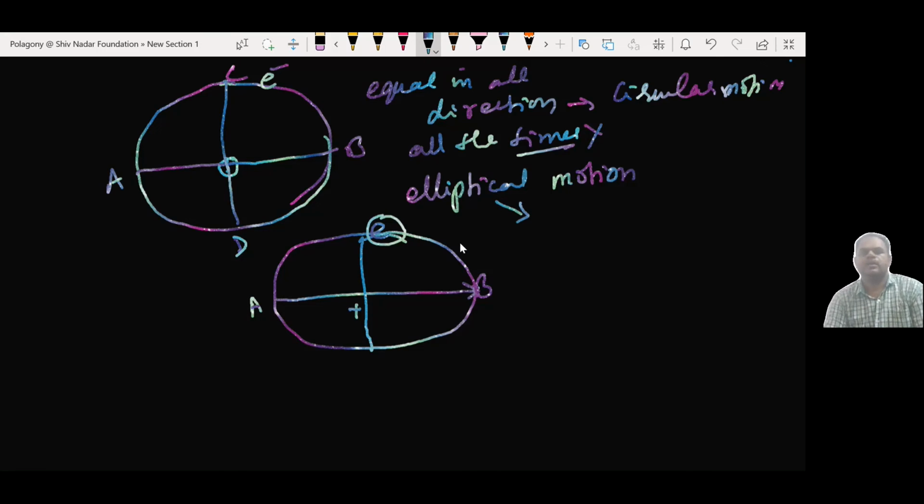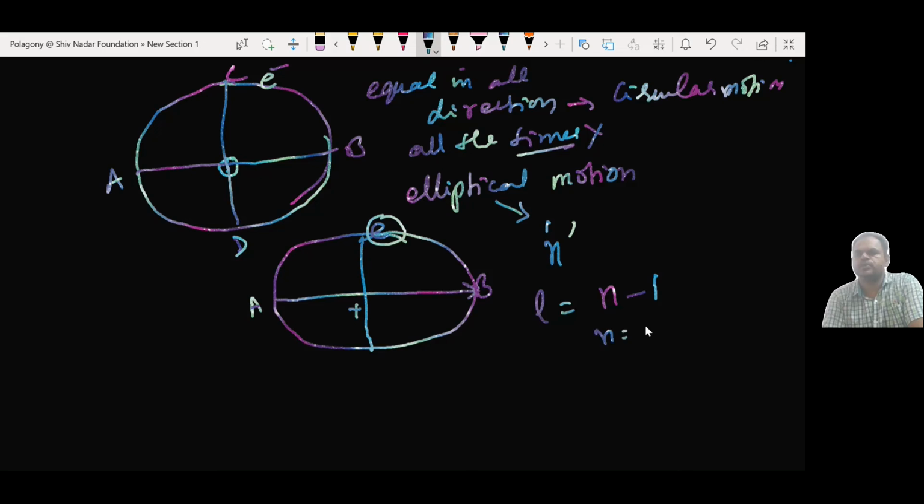How many elliptical orbits are possible in each shell? That depends upon the principal quantum number, where L values equal n minus 1.